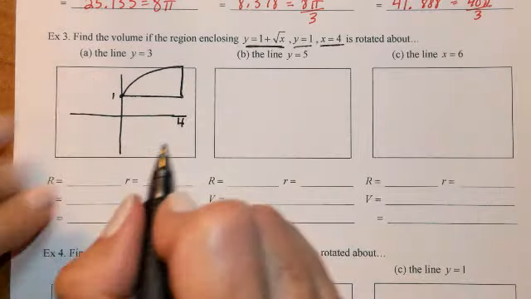Draw your big R. There's your big R. And draw your little r. There's my little r. Big R is always 3 minus 1, so big R is always 2 here. Little r is 3 minus the curve, right?